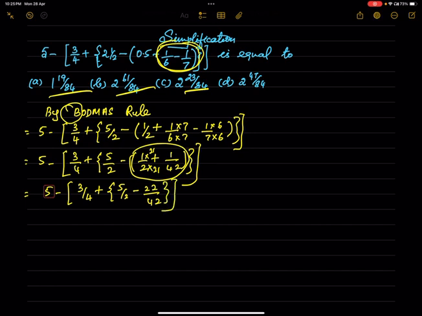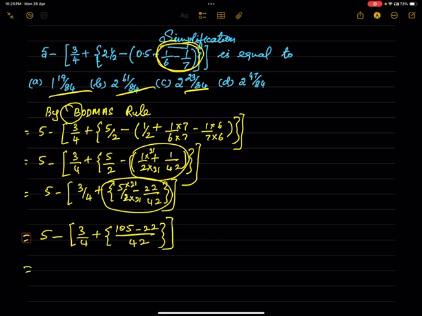Now, what is the LCM of 2 and 42 again? 42, because I have to remove this flower bracket. Then 5 minus 3 over 4 plus 5 into 21, 105 minus 22 by 42.